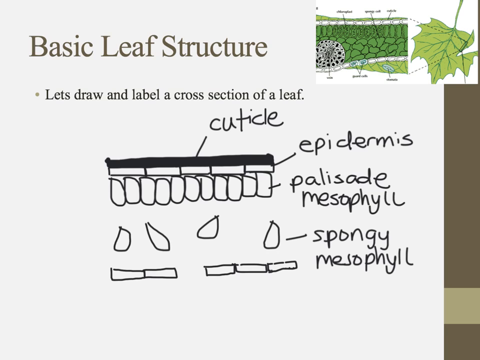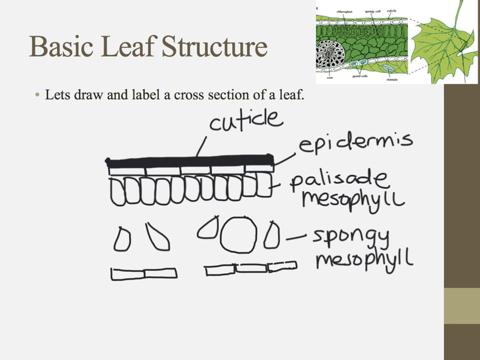Meso meaning middle, so we're talking about the middle of the leaf, the palisade mesophyll and the spongy mesophyll. This has a lot more air pockets in it. Then the last thing that we're going to draw here, and that's not true, that was a lie. The next thing we're going to draw here is one of the veins.